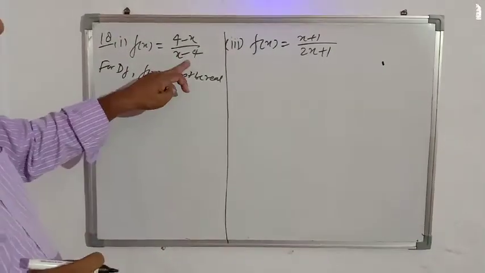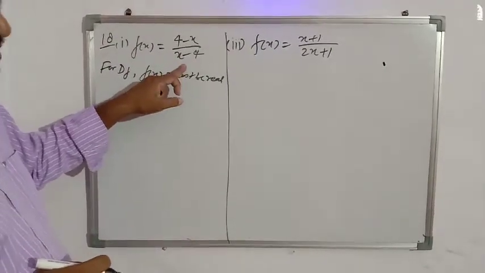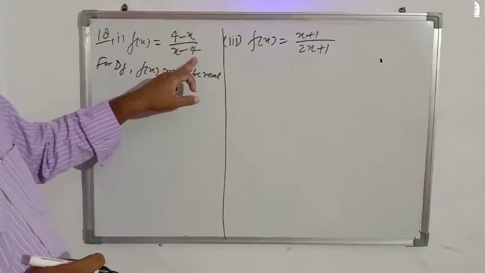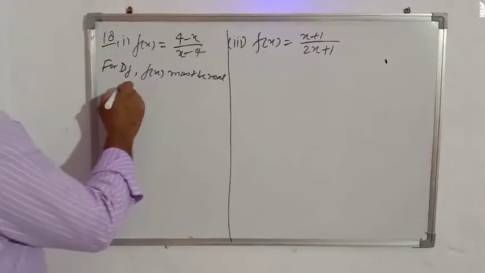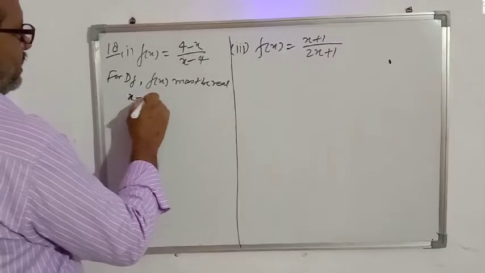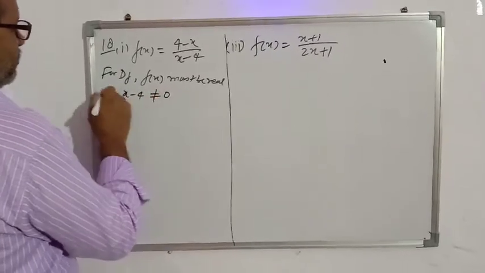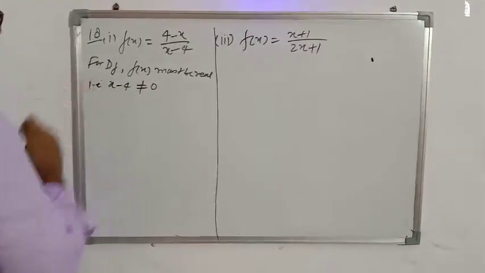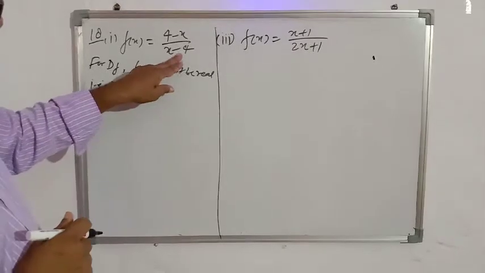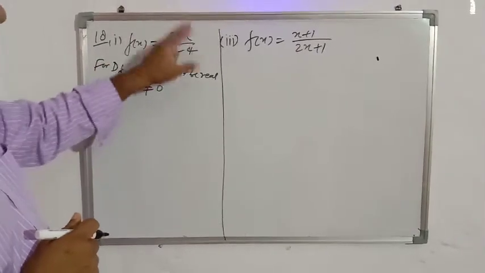So when will it be a real number? If the denominator is not equal to 0. The denominator is x minus 4, so x minus 4 is not equal to 0, because if x minus 4 is 0, then it will be undefined.